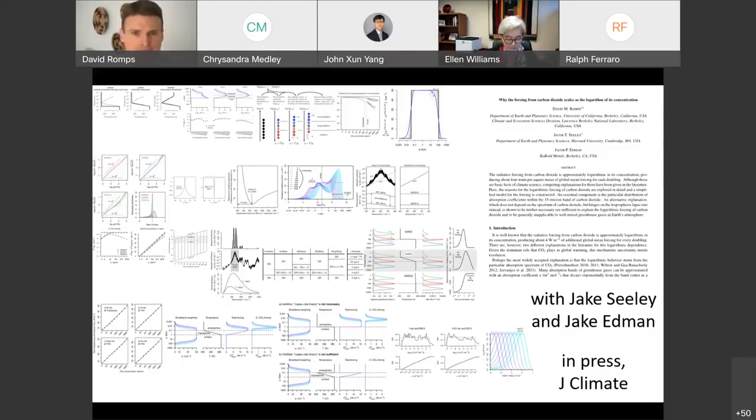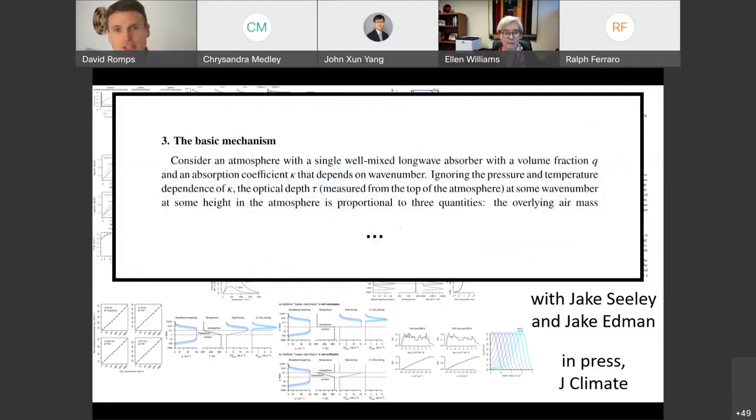More likely, if someone just wants a refresher on what I talked about in this seminar, you can go to section 3 of the paper. Skip sections 1 and 2, skip sections 4 through 50, or whatever the number is, and just go to 3, and it will explain what the basic mechanism is, and give you some of the equations that we talk about in this seminar.